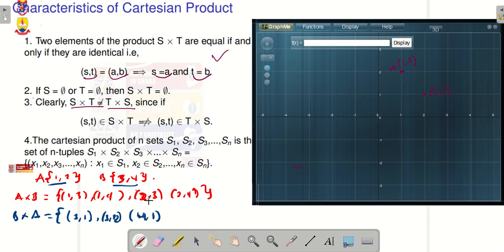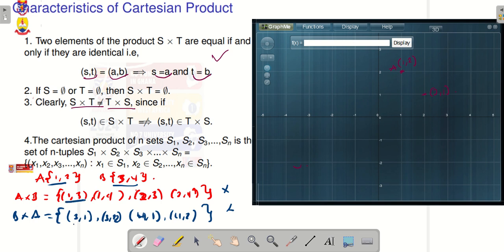And we can also have a combination 4, 2. Now look at these values. You realize that these sets are different from this. The two combinations are not the same.